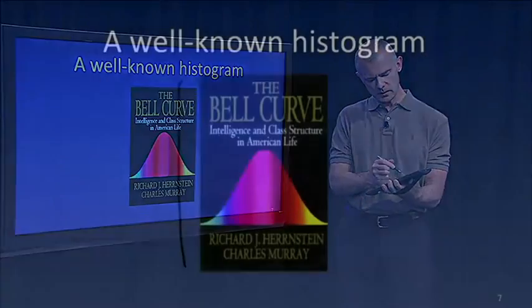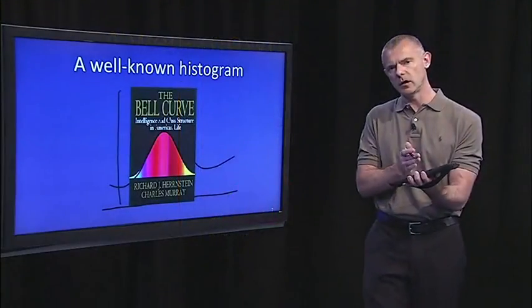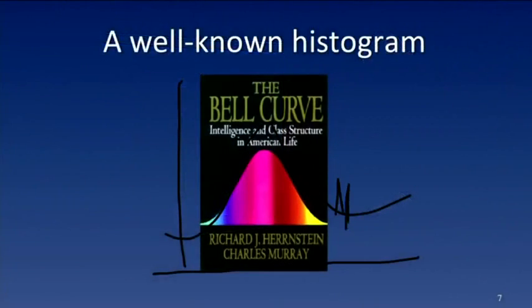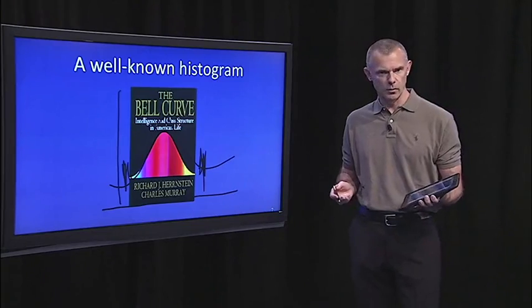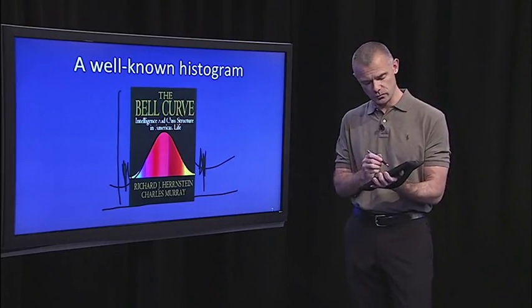Here's the frequency, and what we're plotting is intelligence scores, and you get a normal distribution. Most people are around average, but some people are exceptionally bright, they're way up here, and some people not so much, they're down here. So that's the idea of a normal distribution, a very well-known and very controversial one.